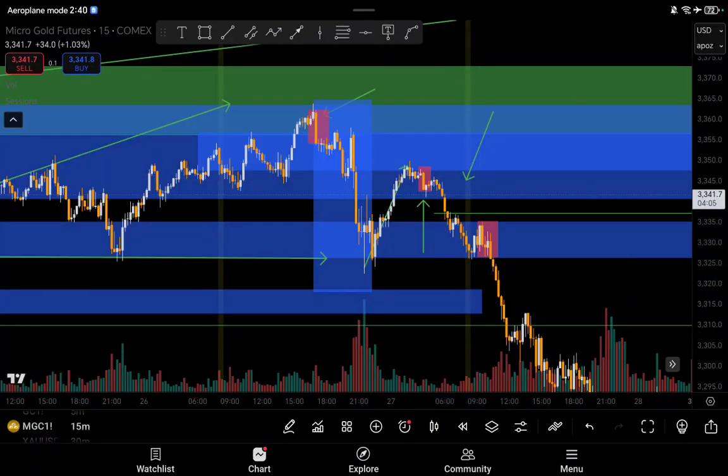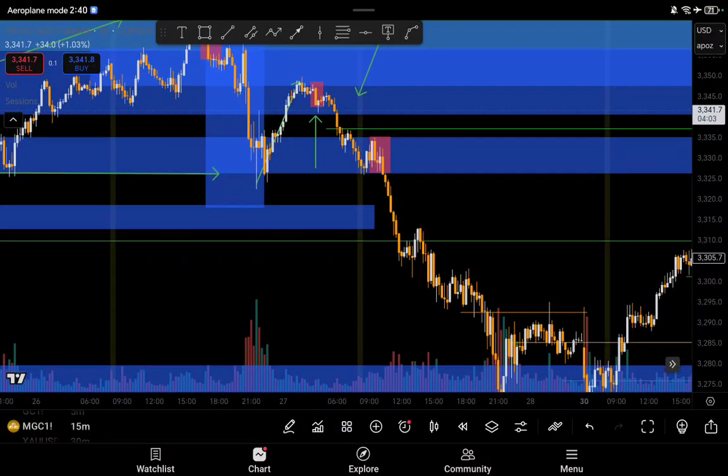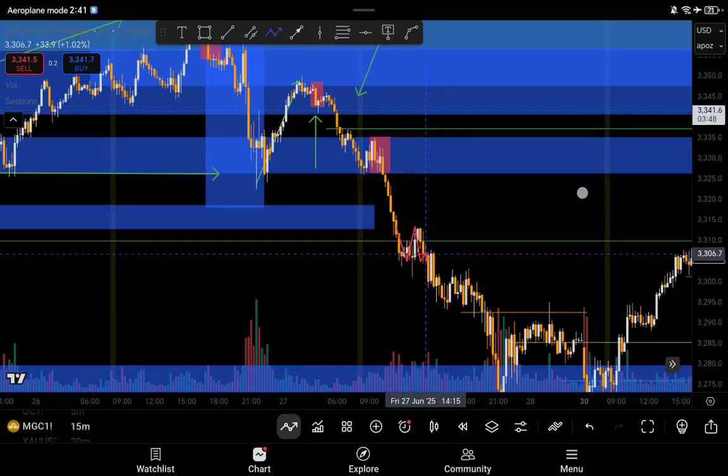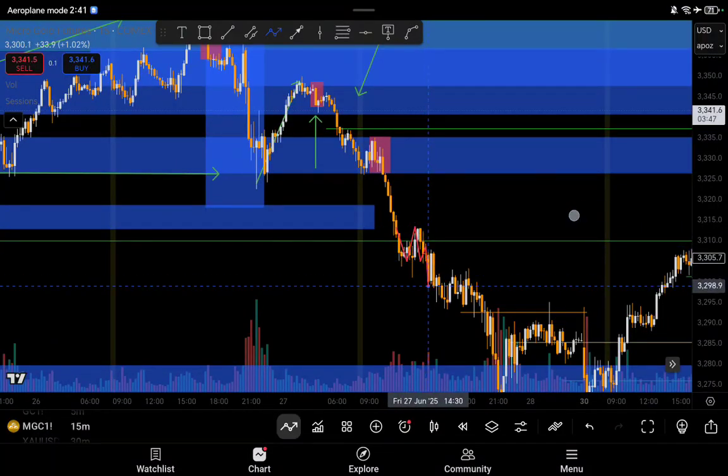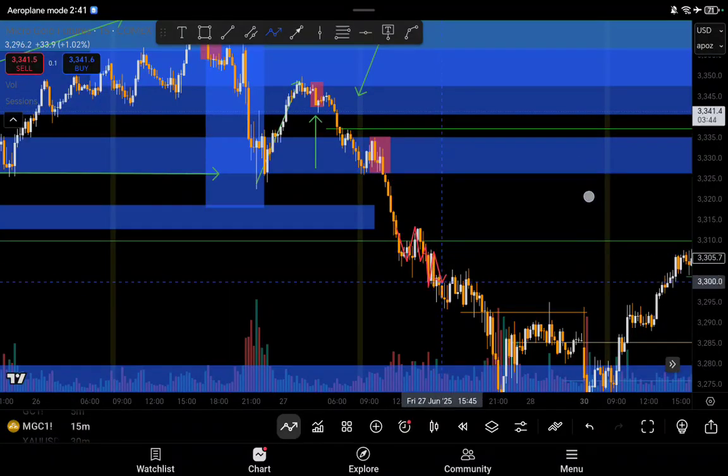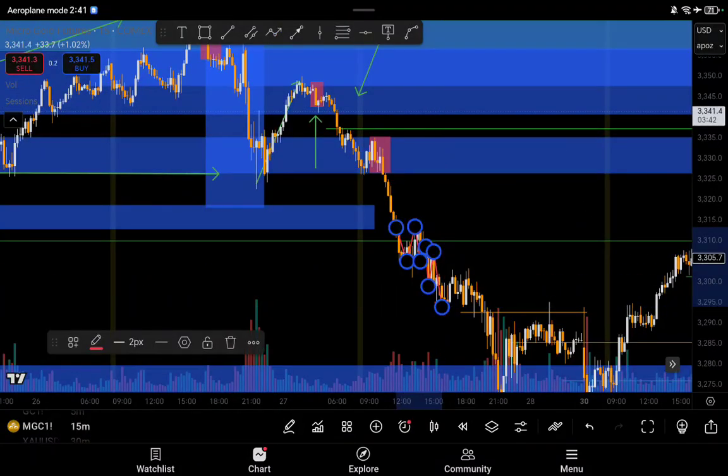Okay, then we come into London hour. This is pre-London 2 o'clock. You can see that there's another buy, and then we make a drop base drop again, and then market pulls back into the base and then continues going down.